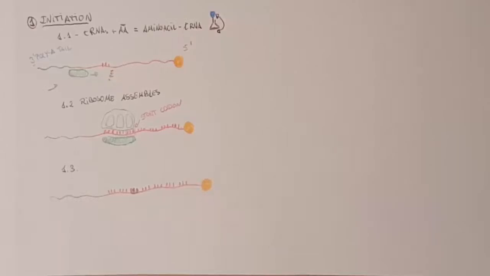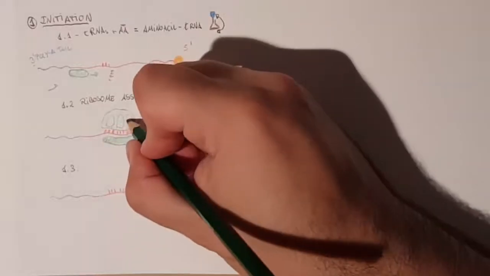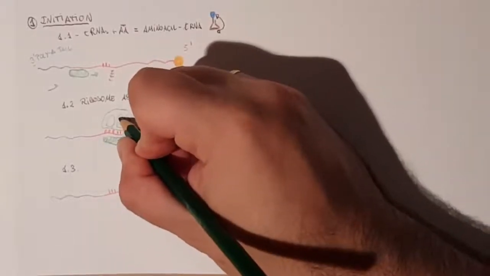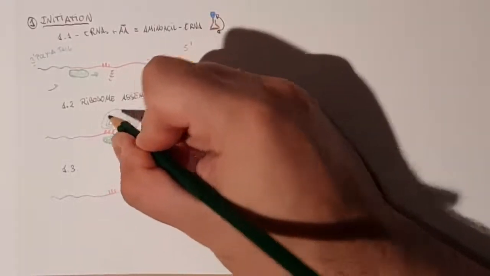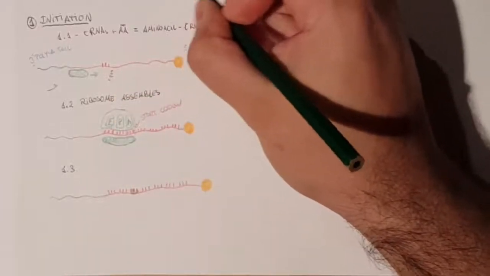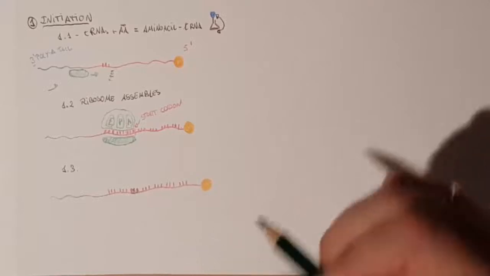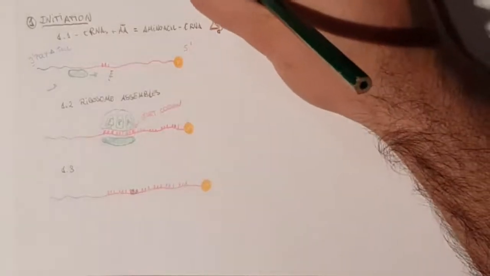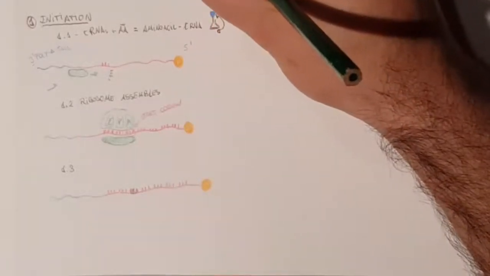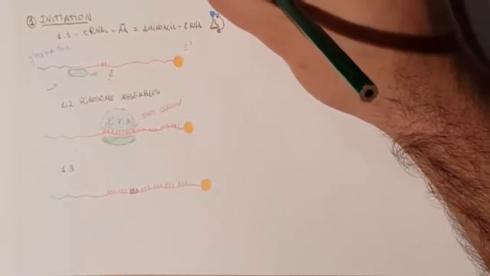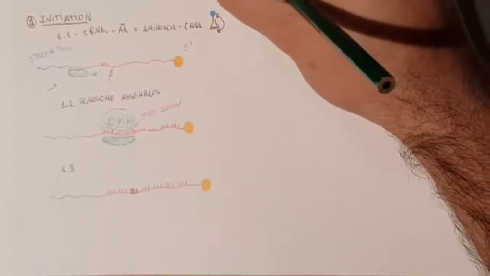Sorry, I haven't said the sites. This is the A site, P site, and E site. Remember, A, P, and E. They are located like this. The A site is the aminoacyl site.